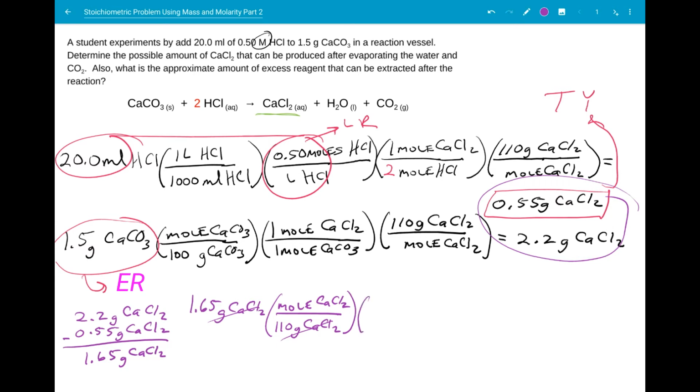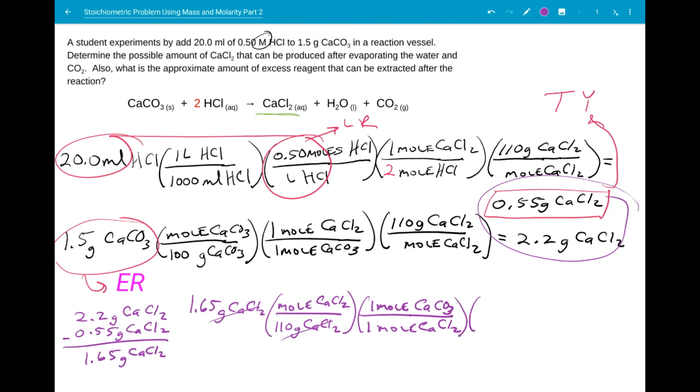Then I convert 1 mole to 1 mole calcium carbonate, so nothing's changed from up above.